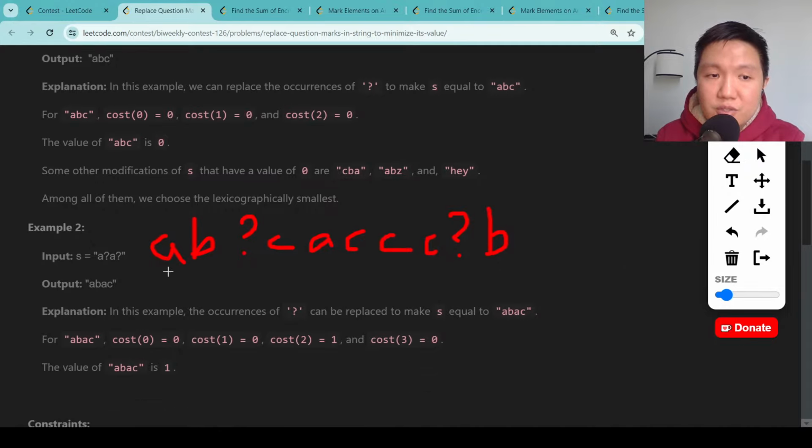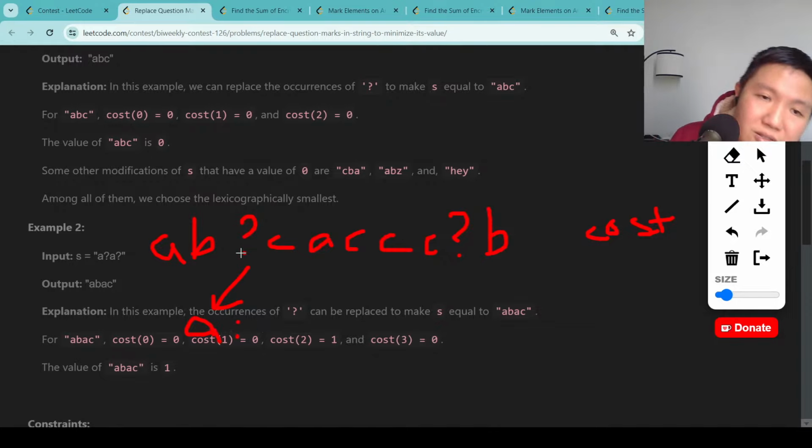If the cost of this is some number, if this question mark becomes A, what would this cost? First, its own cost is going to increase. Question mark, initially you don't count it.